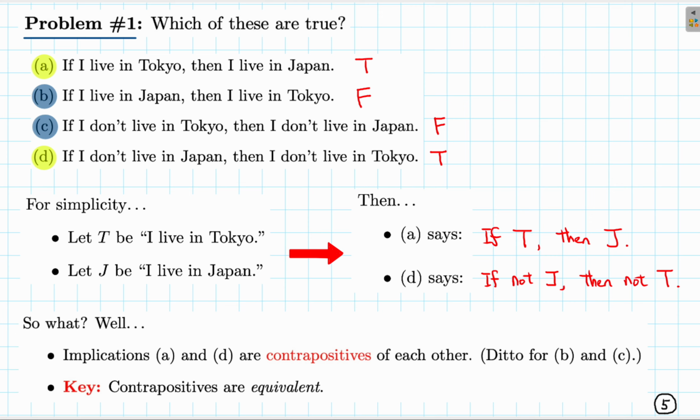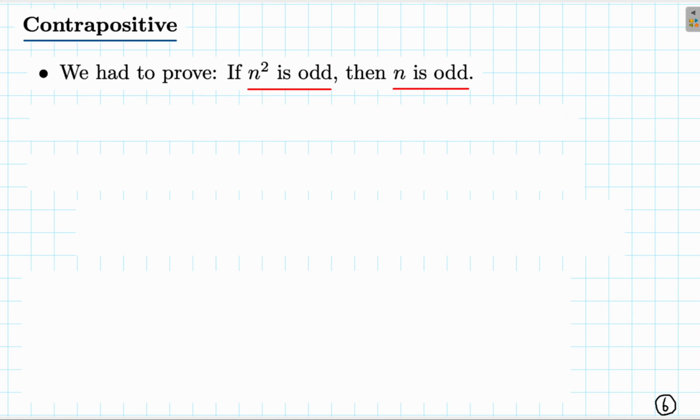And this key right here, namely that the contrapositives are equivalent, that's what we're going to utilize to prove the statement in problem 3 in the worksheet. So that's the key thing here. Contrapositives are equivalent, that they're either both true or both false. So back to problem 3 from the worksheet.